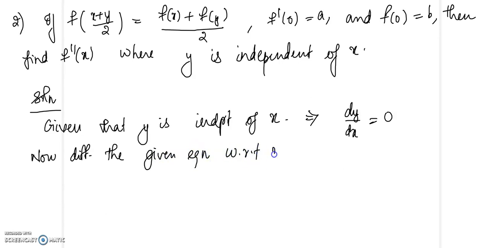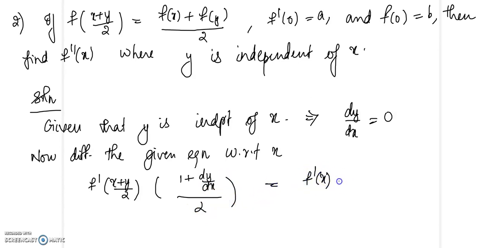with respect to x. So when you take the derivative, you will get f dash of (x plus y) by 2 into, differentiating by chain rule, the derivative of (x plus y) by 2 with respect to x. So you will get 1 plus dy by dx by 2, which will be equal to f dash of x plus f dash of y into dy by dx by 2.